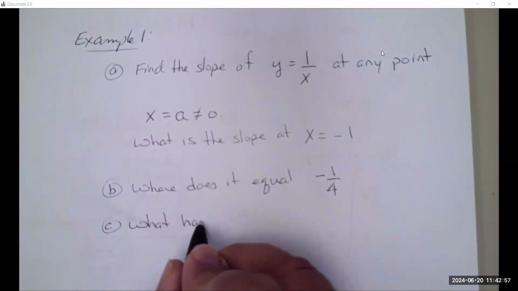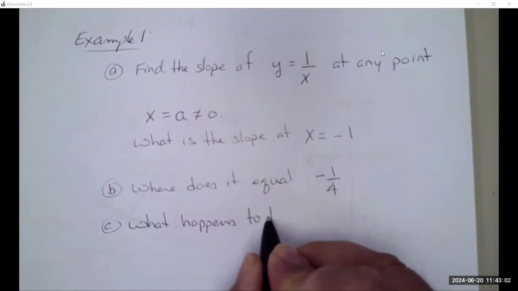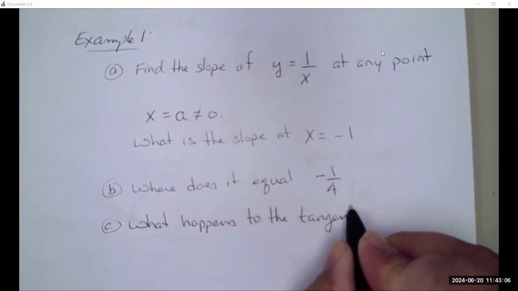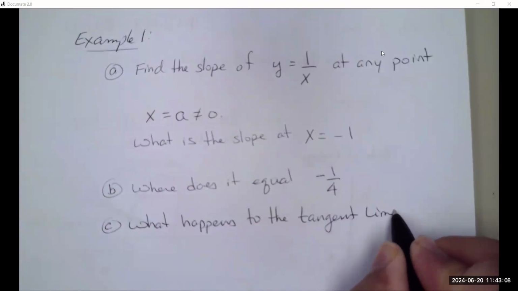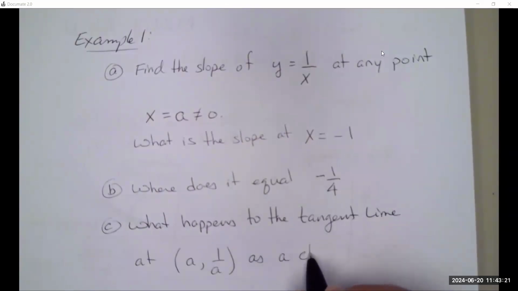And then what happens to the tangent line at a, 1 over a, as a changes?